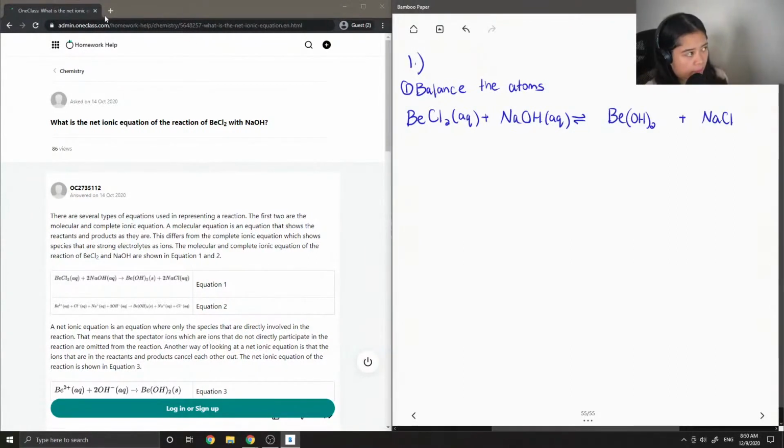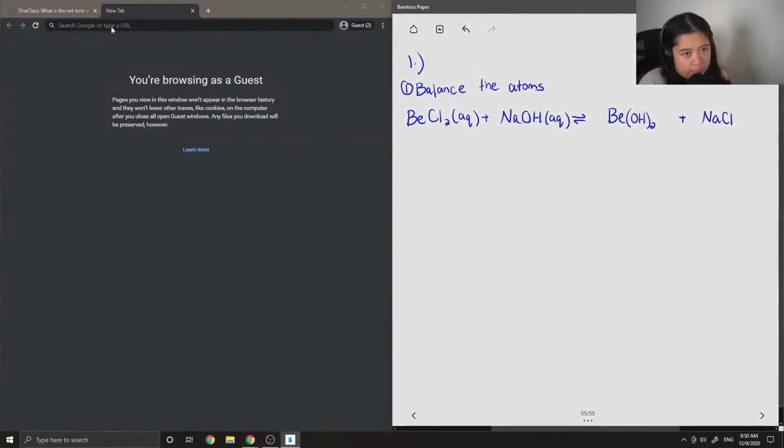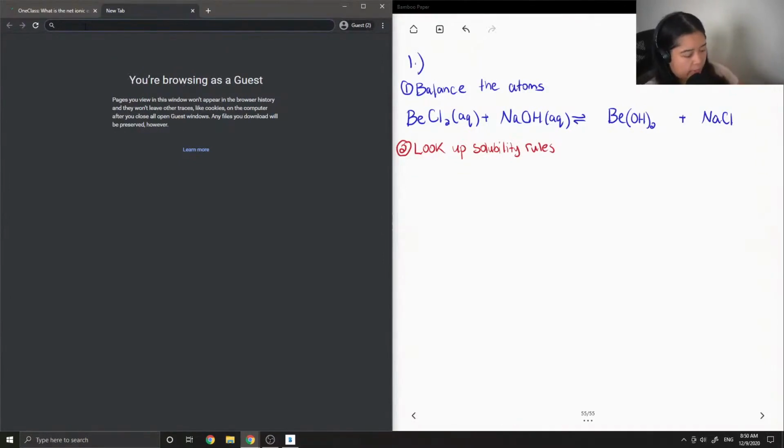Okay, so before I write down the states, step 2 is to look up the solubility rules. So this will help us figure out whether or not any of these products will precipitate in solution.